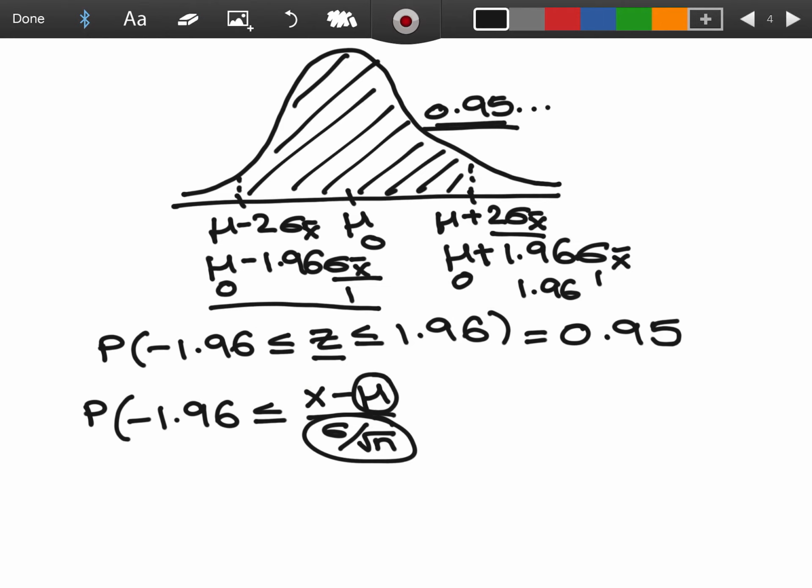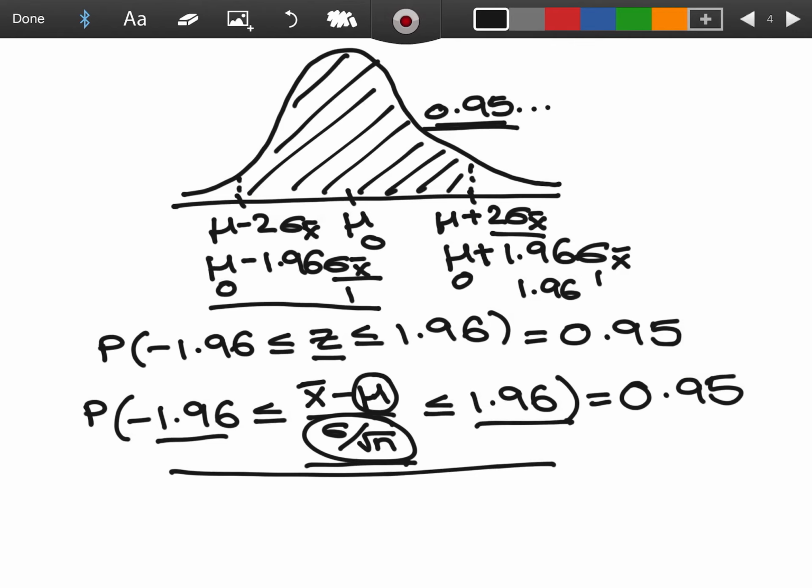This is the mean of my sample means, which is just the population mean. So all I have done is replace z with what we're using with the sample mean. So I've got a sample mean minus the population mean over sigma over the square root of n. Okay, so I've just done our z transformation with the sample means.